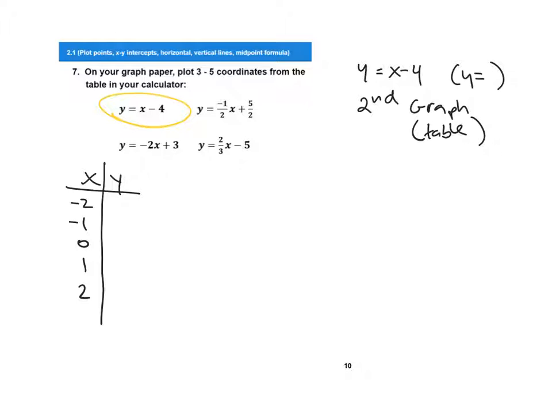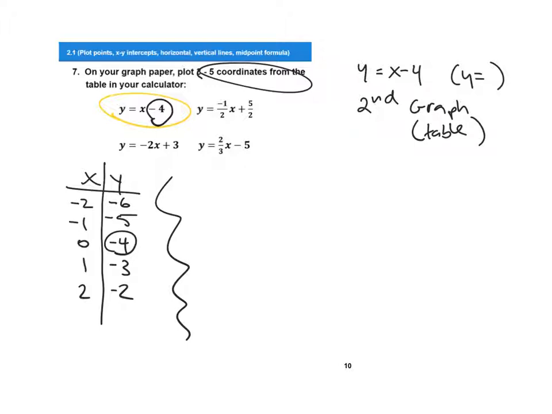Because it says just pick a few coordinates, if I type in x minus 4, then I know negative 2 would be negative 6, negative 1 would be negative 5, 0 would be negative 4, but you knew that. Notice that that's your y-intercept. And then 1 would be negative 3, and 2 would be negative 2.